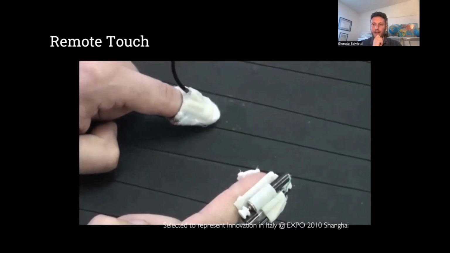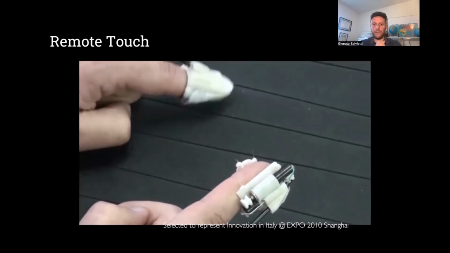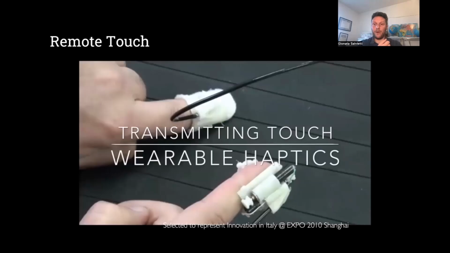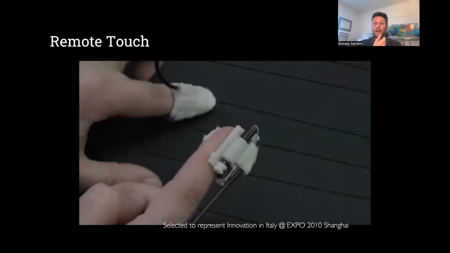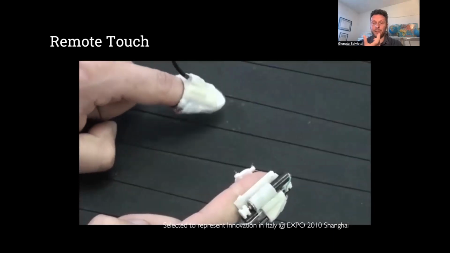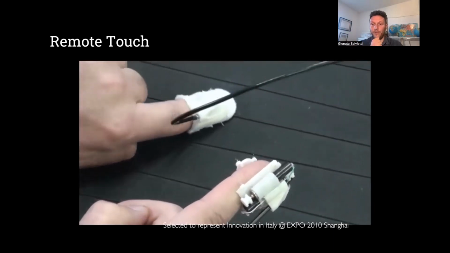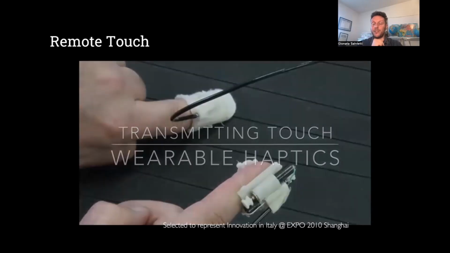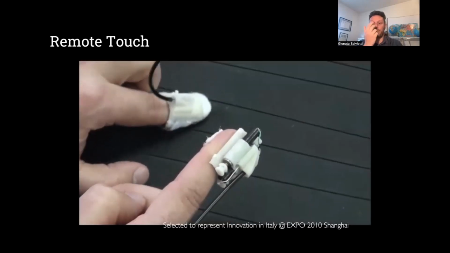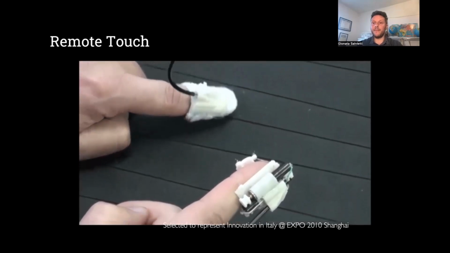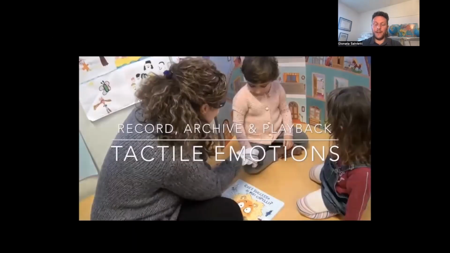So here you can imagine all the applications, for instance, in communication. You can think that you have your video conference system where you can transmit not only voice and images, but you can transmit also touch sensation. Or imagine that you are in a shop and you call home and you can touch something in the shop and let your wife, maybe at home, feel the same sensation that you're feeling with your hand.